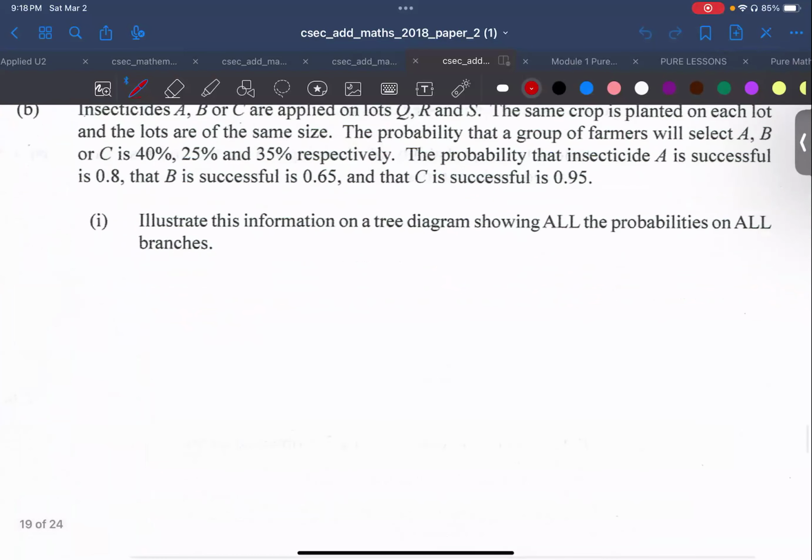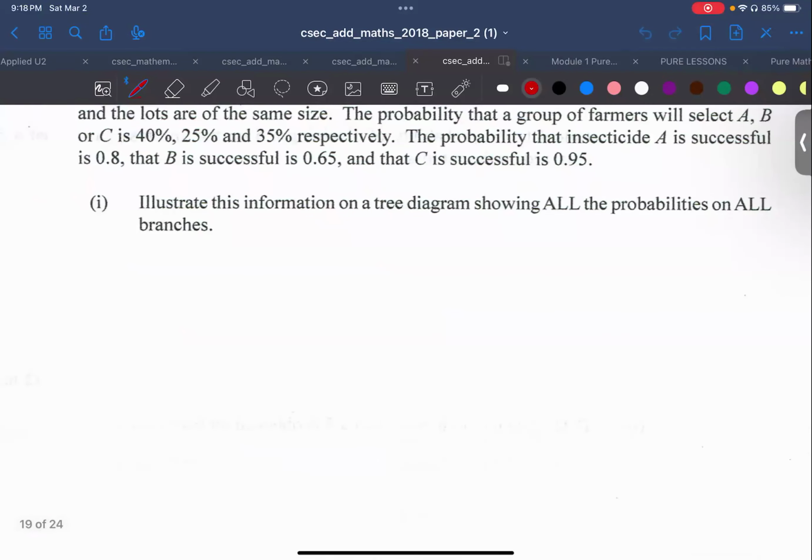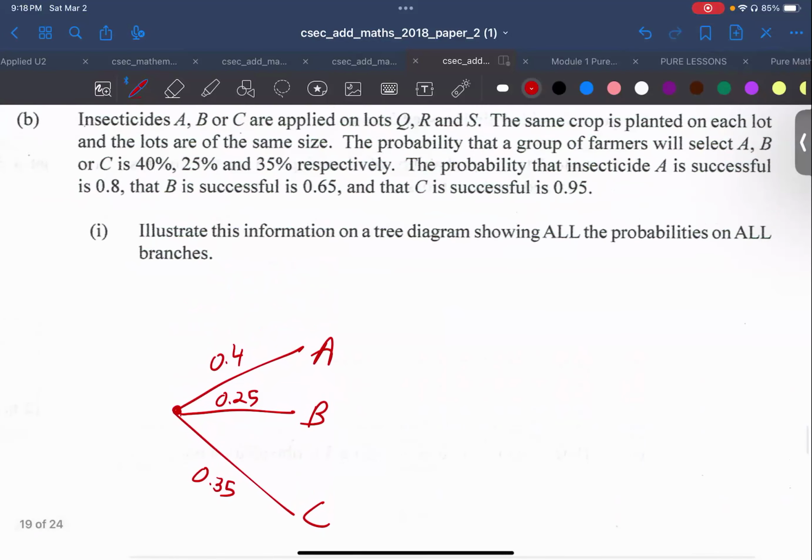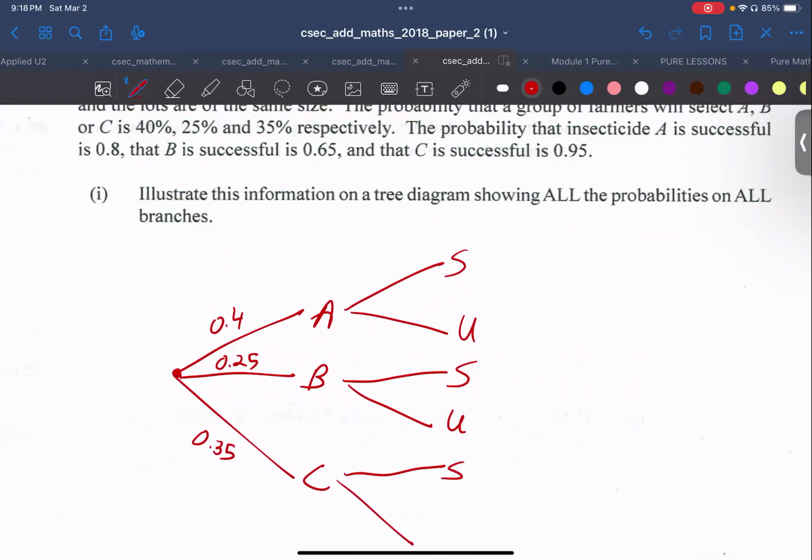So the first thing we look at, they're saying that it could either be A, B, or C. Say this is 40%, 25%, 35%. Notice all of these here add up to 1. And then we have it either be successful or unsuccessful, successful, unsuccessful, successful, unsuccessful.